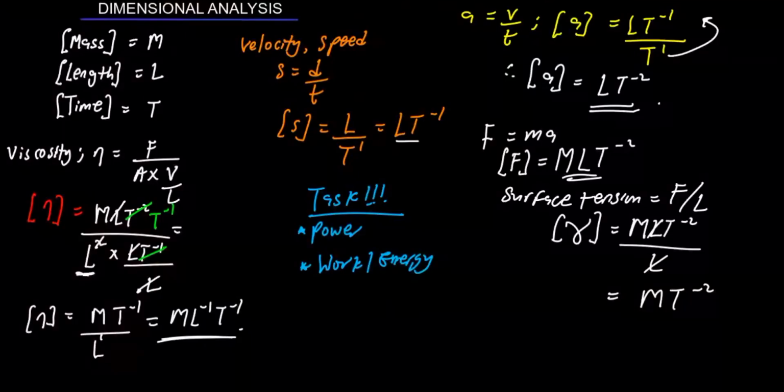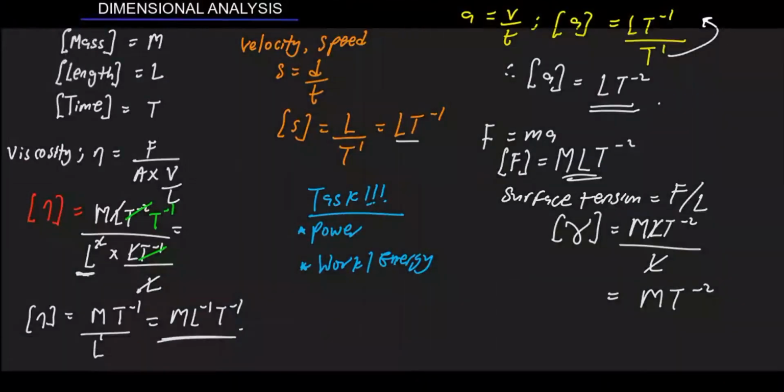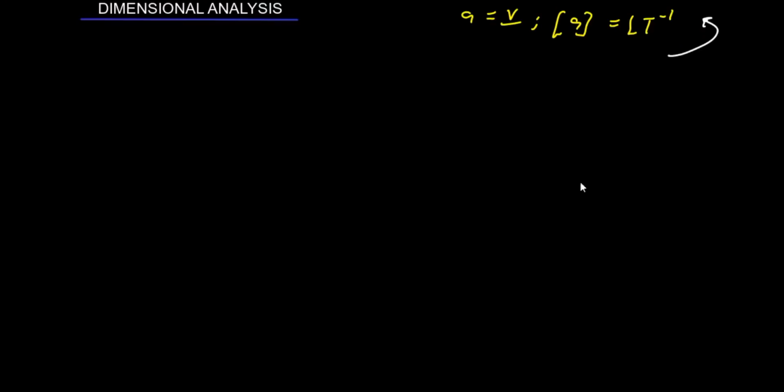All right. So, I will erase this and solve a more challenging problem. Let's look at the dimension of the gravitational constant, which is represented as G. Now, take note of something.